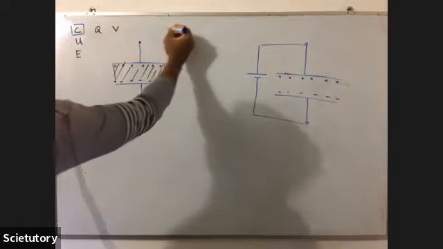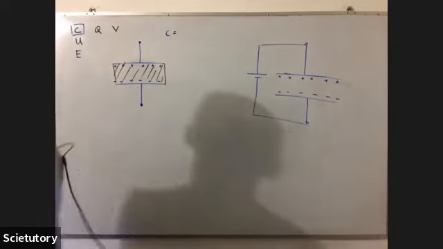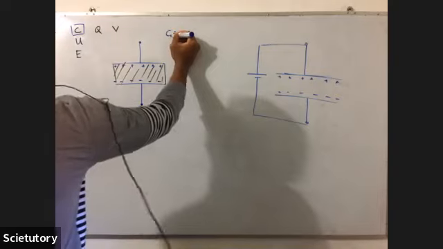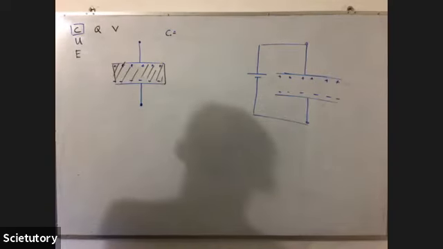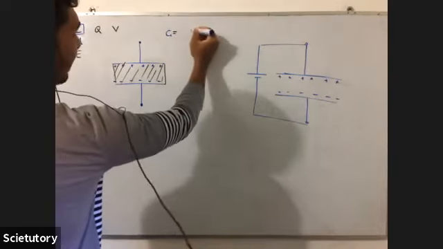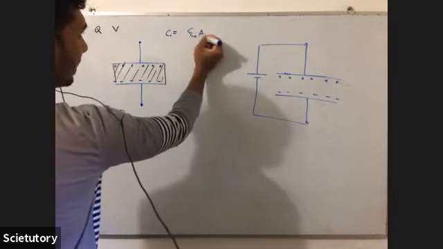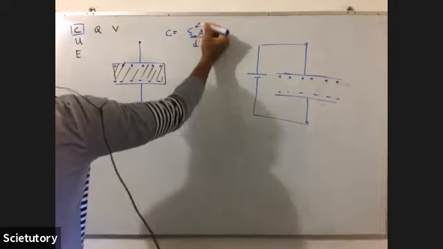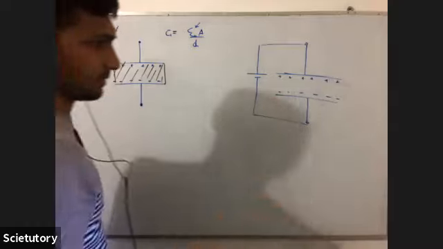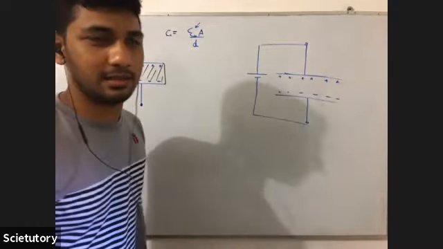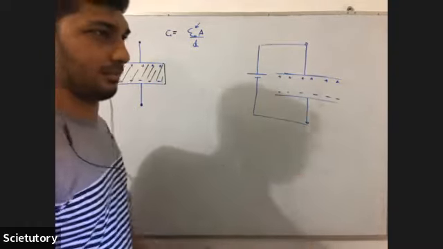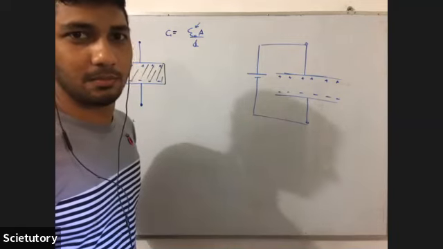So you can prove an equation for C. What's the final equation? C equals epsilon naught A over d. What is this epsilon naught? Can you define that? Not define, just tell what is meant by epsilon naught.